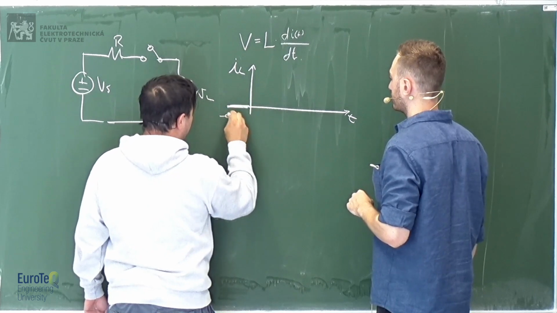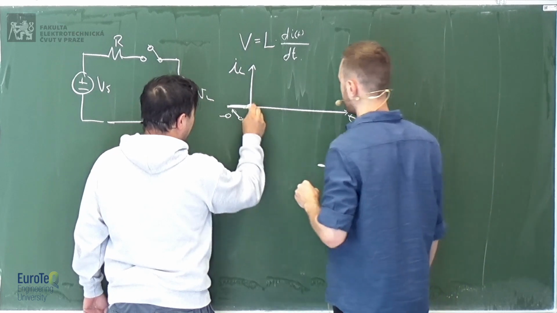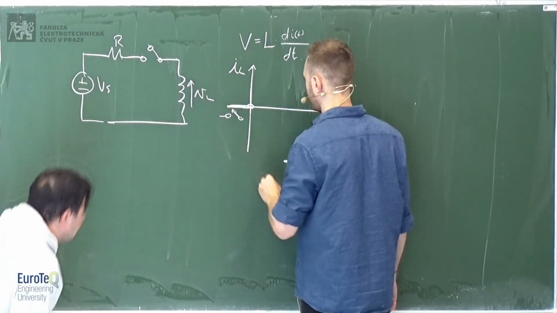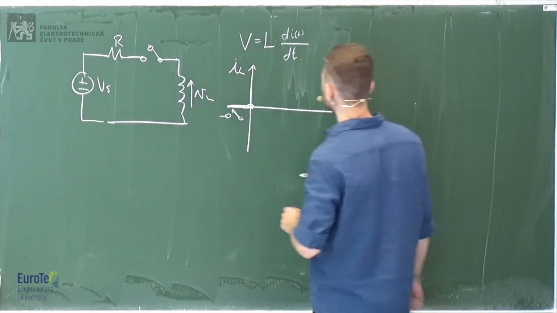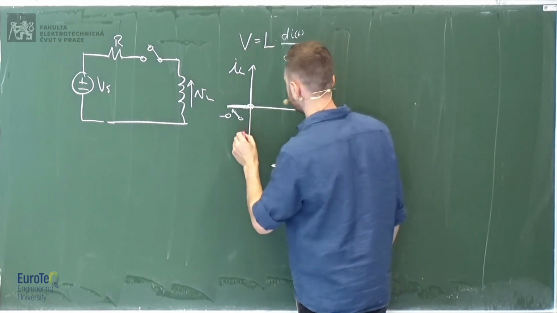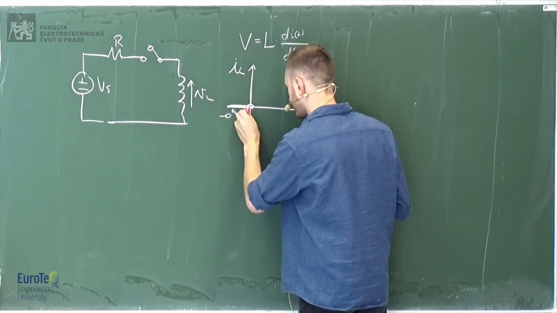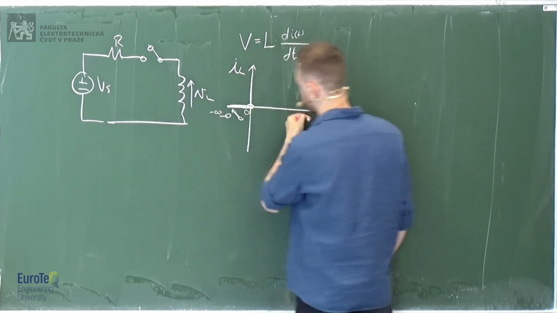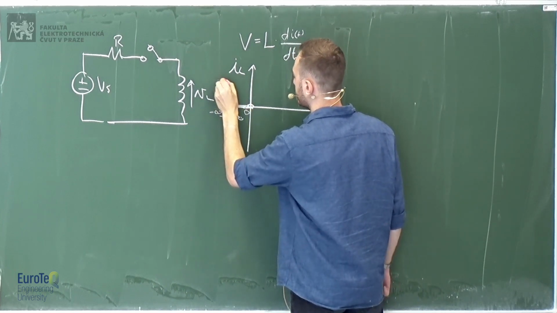Here the switch is open, so the current must be 0, and here also must be 0. And here is minus infinity, and then here is our transient beginning. So we are somewhere here.